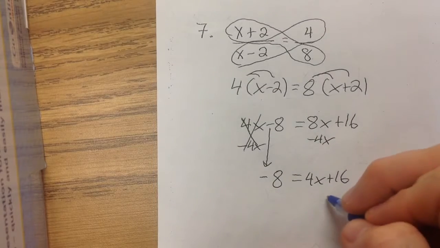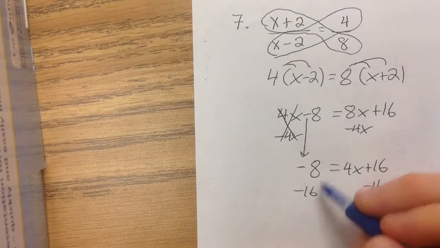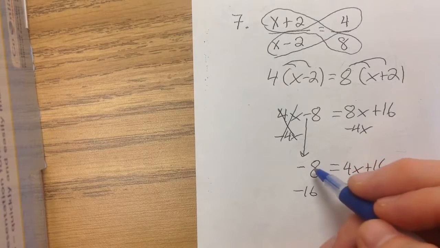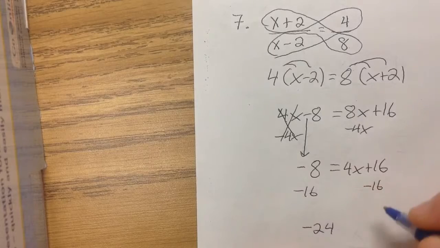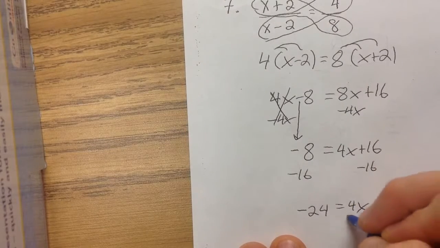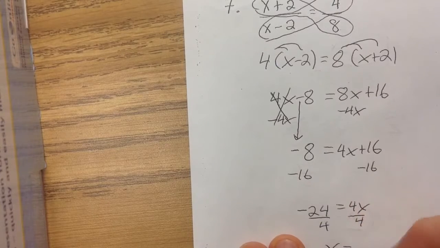All right, the opposite of plus 16 is minus 16, minus 16. Again, there's lots of negatives here, so if these give you problems, just use your calculator. Negative 8 minus 16 is going to give us minus 24 equals 4x. Divide by 4, divide by 4. X is going to equal negative 6.